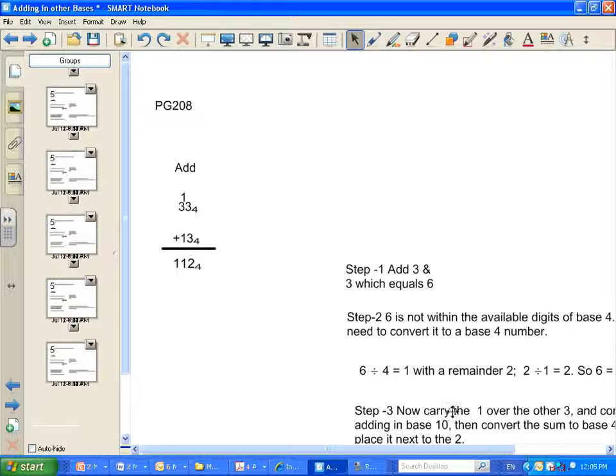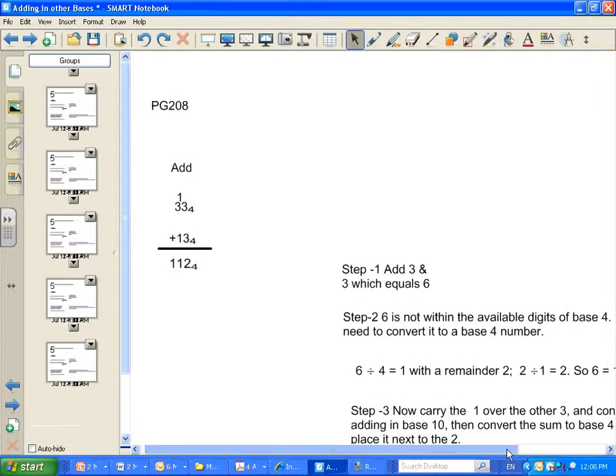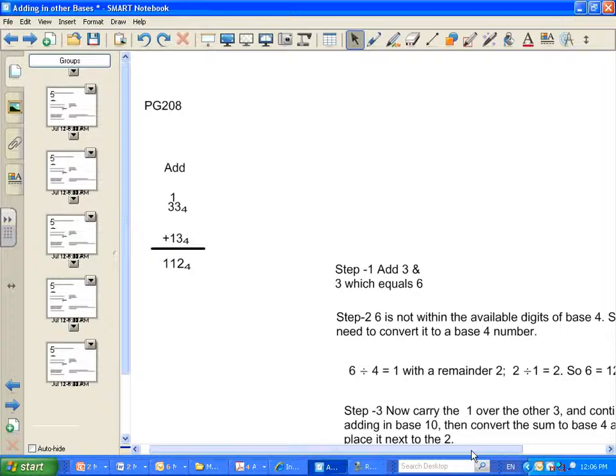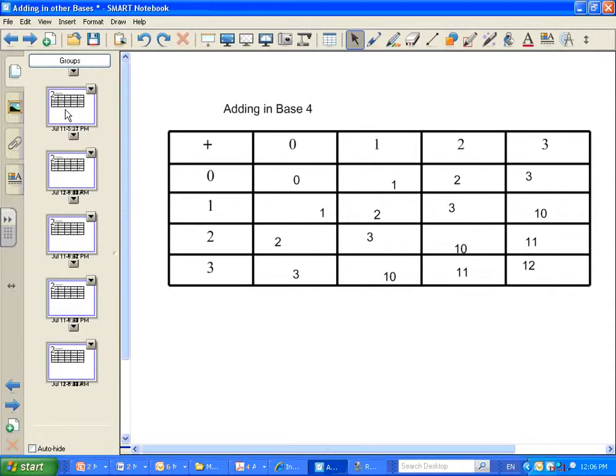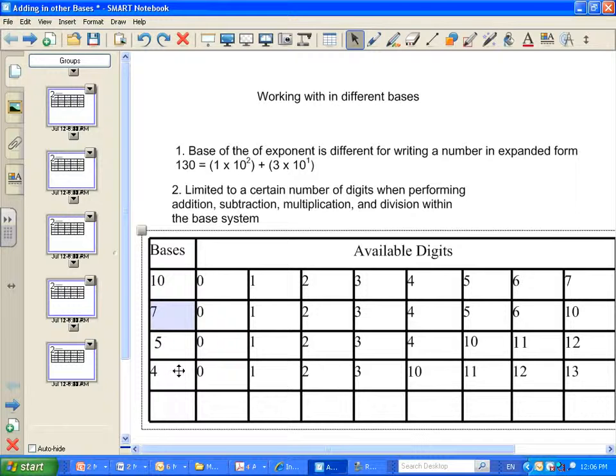So step 2 says 6 is not within the available digits of base 4. And if you don't remember what that means, let's look back here. The available digits for base 4 are 0, 1, 2, and 3. That's it. There's no 6 per se. There's no digit that represents 6.